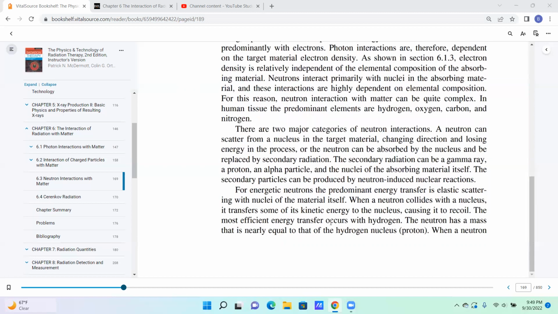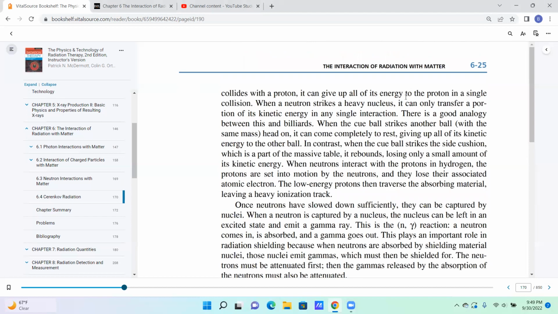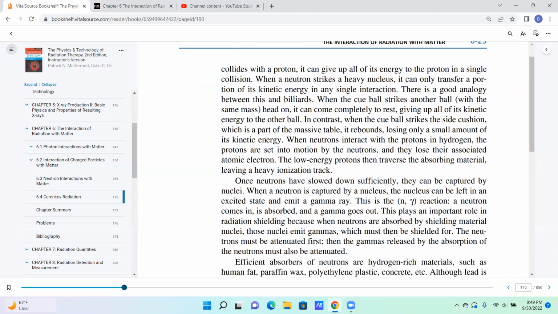You can see the most efficient energy transfer is with hydrogen because they're about the same mass. When a neutron collides with a proton, it can give up all of its energy in a single collision. However, when it strikes a heavy nucleus, it can only transfer a portion of the kinetic energy in any single interaction.